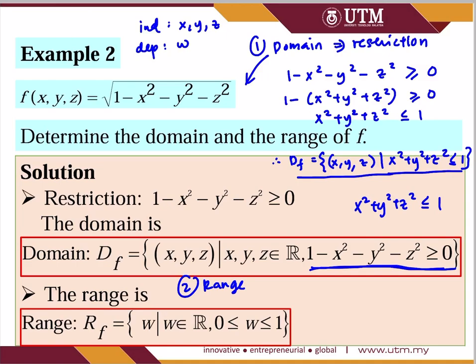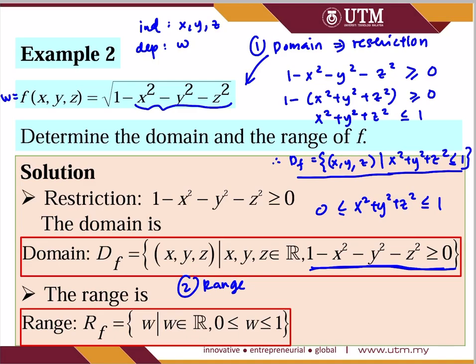We know that any value of x, y, z, when squared, will be greater or equal to 0, so it will be between 0 and 1. For the range, we just substitute into the value w here. The minimum value is 0 and the maximum is 1.